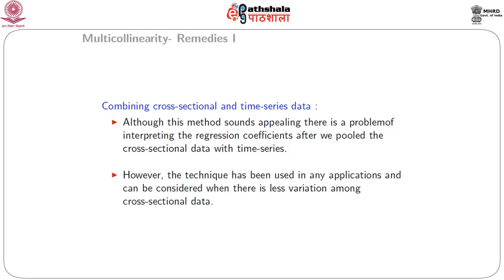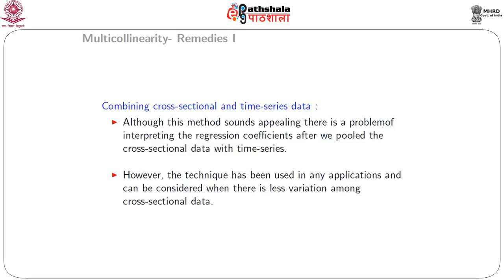Thus, when we use cross-sectional data to estimate beta 3, then beta 3 is no longer interpreted the same way as we were interpreting it with the time series data. That is, beta 3 does not reflect the amount of change in response over time due to the change in our predictor variables, because now we are fixing the time point and taking data from a cross section. However, when we fit a regression model to time series data, the regression coefficients give us the amount of change over time for the response variable.